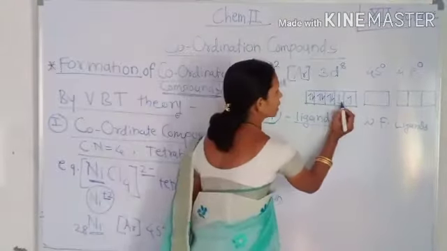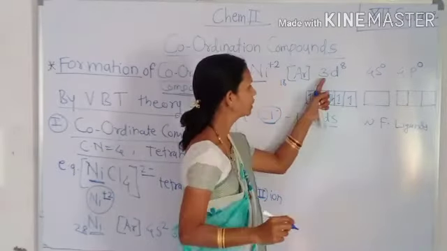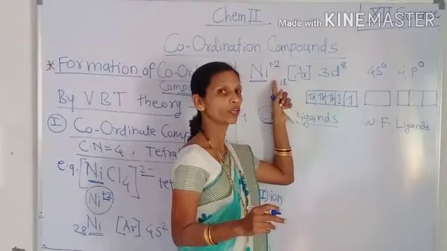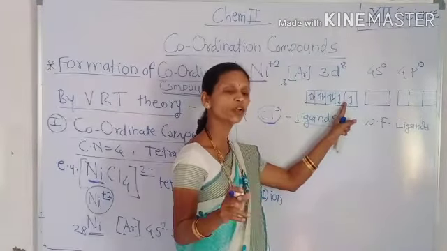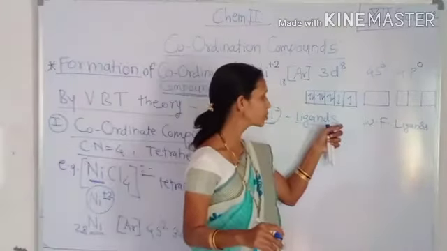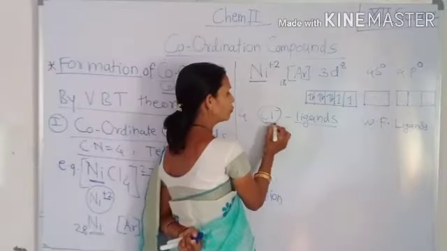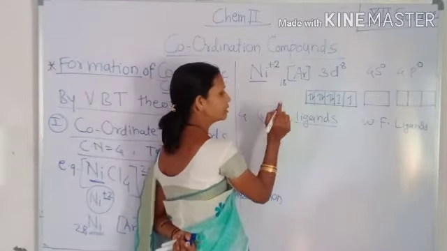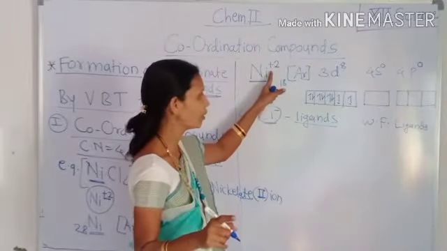That means the 2 unpaired electrons in the 3d orbitals of Ni2 plus do not get paired because of the nature of the chloro ligand. Therefore, the 4 chloro ligands require 4 empty orbitals of Ni2 plus.